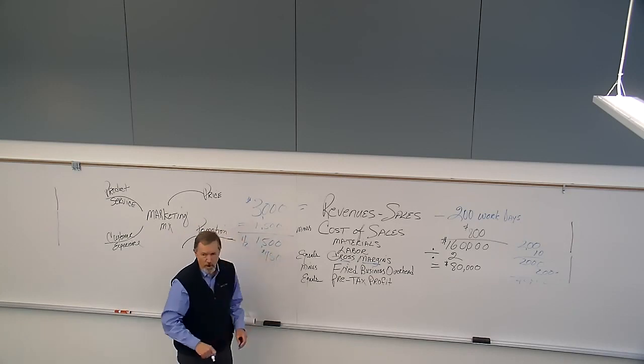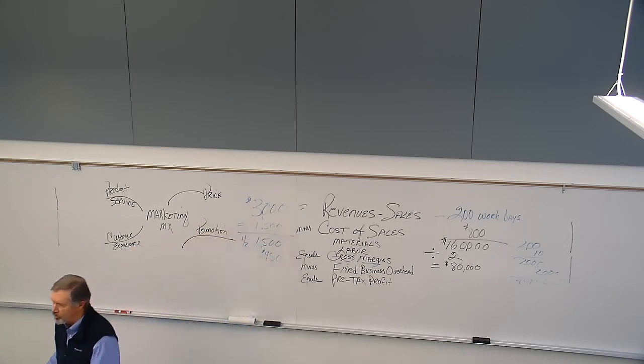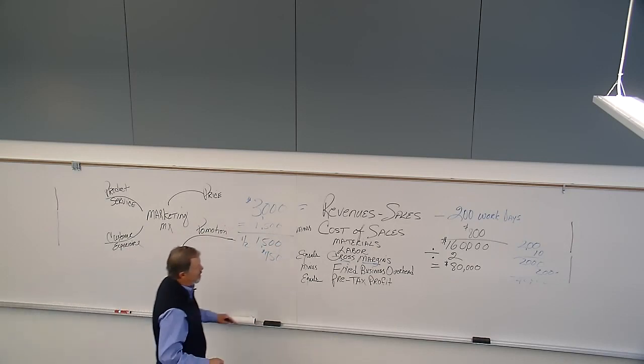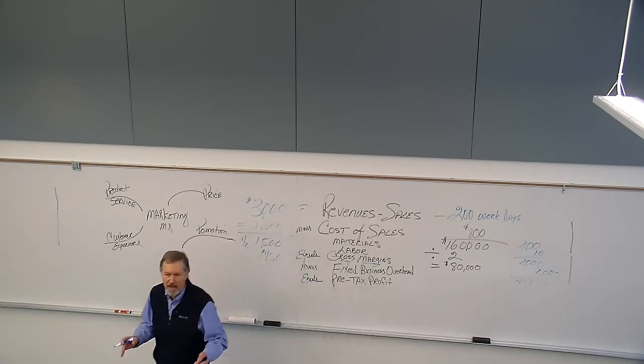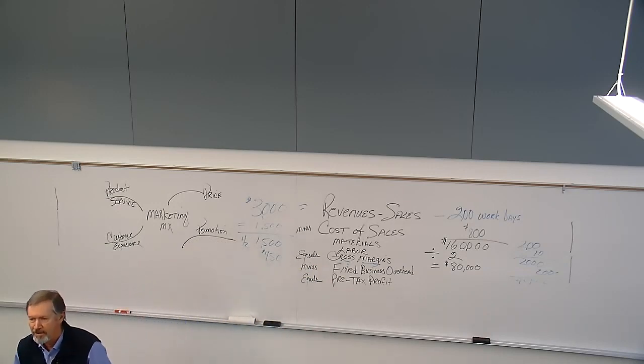And you say, well, why don't I get to keep all of it? Well, you know why you don't get to keep all of it. It's because you have a fixed business overhead expense that, and you think, oh, this is crazy. How can it be half? It is half.